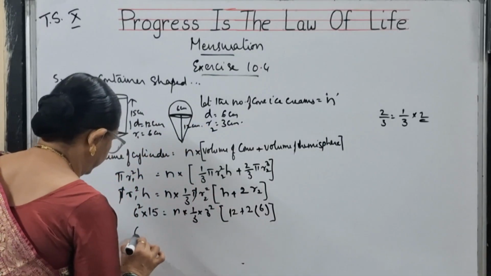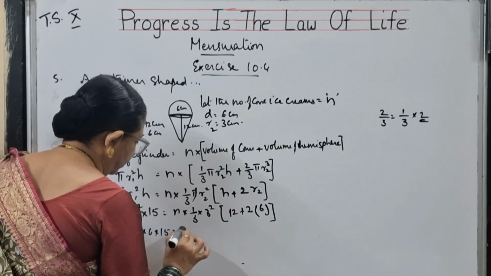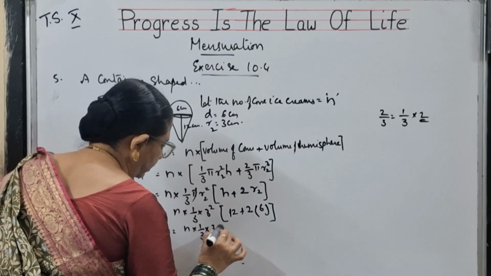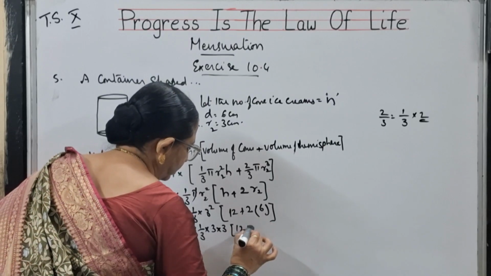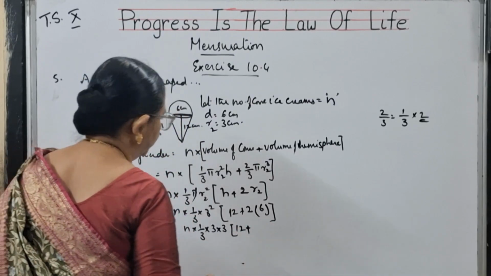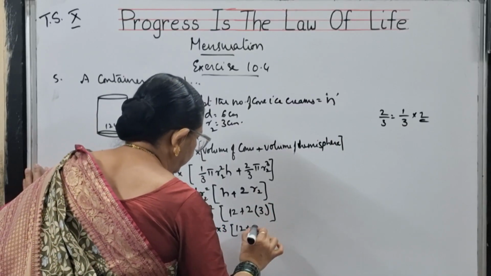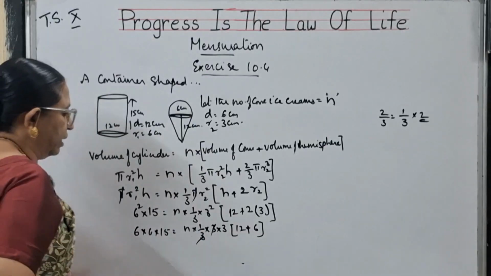Let me write it here. 6 into 6 into 15 is equal to n into 1 by 3 into 3 into 3 into 12 plus 2 into r2. Oh sorry, r2 is 3, children. So 2 threes are 6. So 3 and 3 will get cancelled.